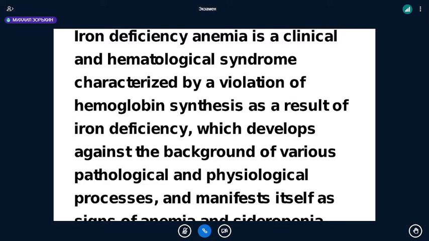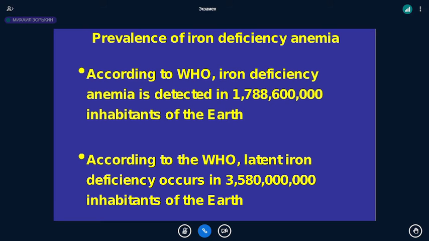Anemia, students, is the signs of decreased oxygen. Sideropenia is the signs and pathological mechanisms caused by the iron content decreasing. Iron deficiency anemia is a very, very frequent condition. As I said before, latent iron deficiency is very common.